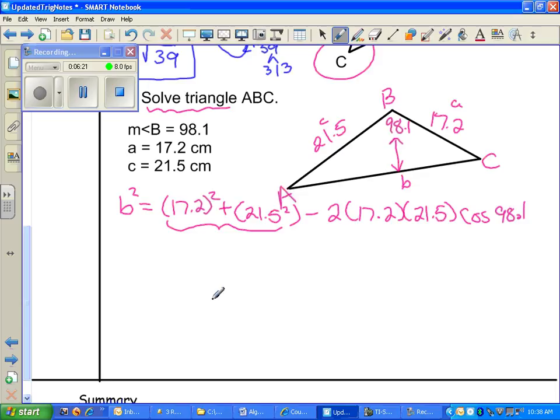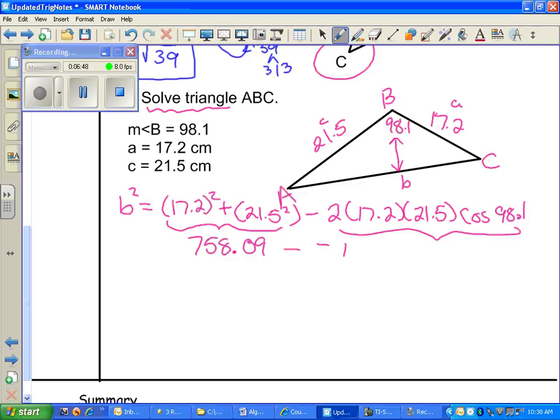So 17.2 squared plus 21.5 squared, enter, 758.09. And then over here, so we have minus 2 times 17.2 times 21.5 times cosine 98.1. That's a negative.